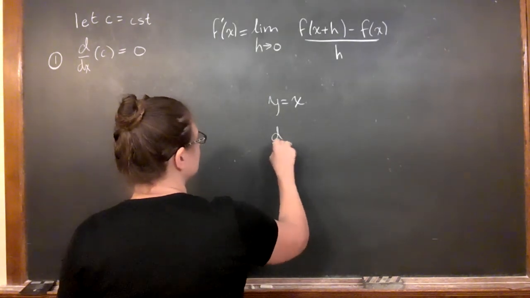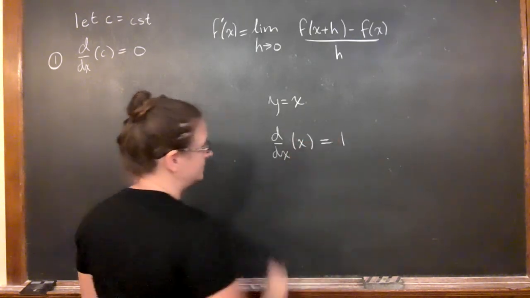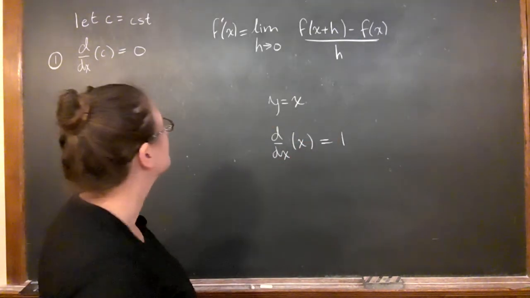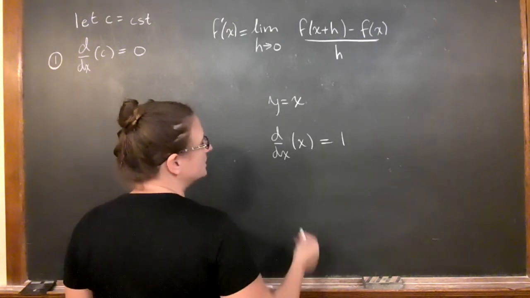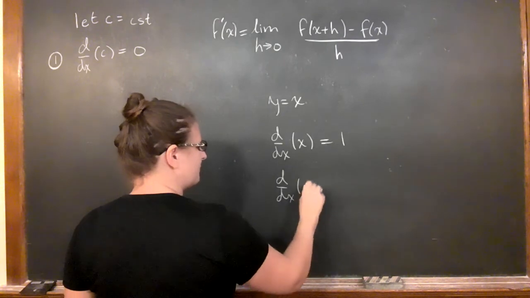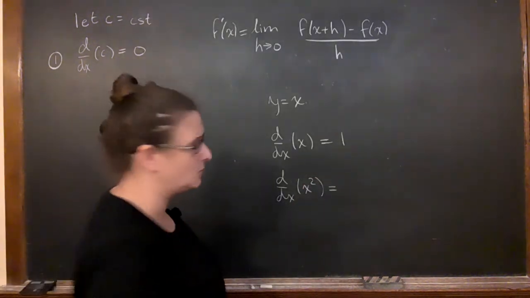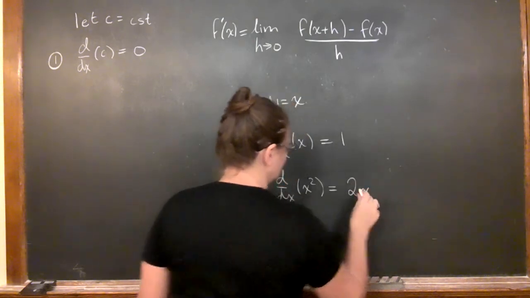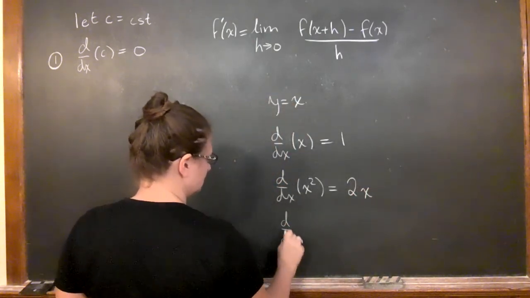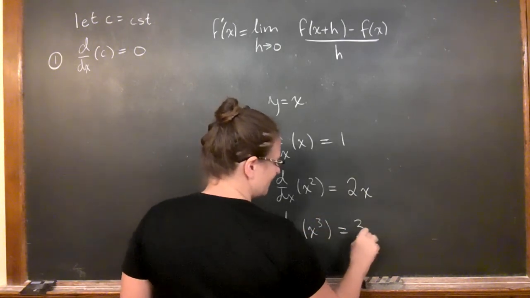So I can say that d dx of x is 1. I can show that also with the difference quotient. We also saw a couple of times we took the derivative of something like x squared and got 2x. We took the derivative of x cubed and we got 3x squared.